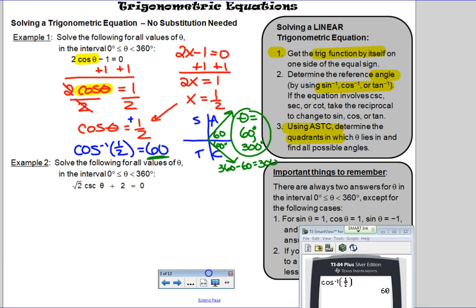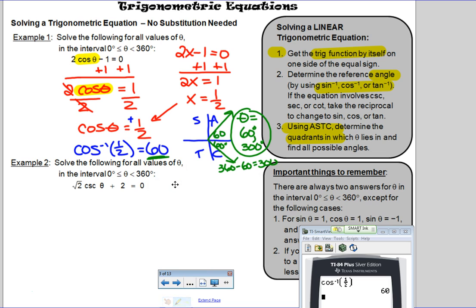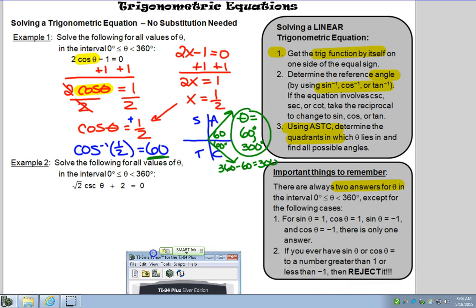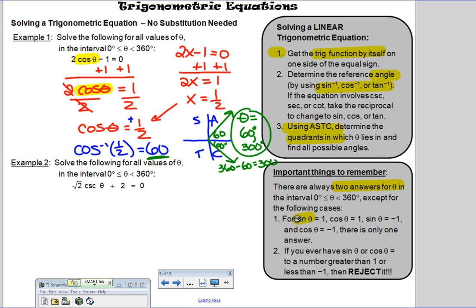Okay, another thing to keep in mind, which I have in the gray boxes, is that you will always have 2 answers for theta, because there's 2 quadrants where they're positive and 2 quadrants where they're negative. There's only 2 exceptions though. One, anytime sine or cosine equal 1 or negative 1, you're only going to have 1 answer, for sine and cosine only.